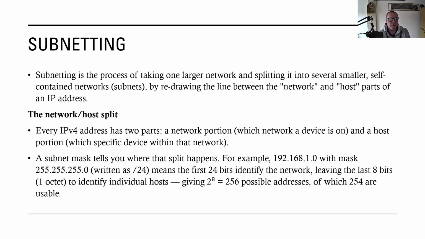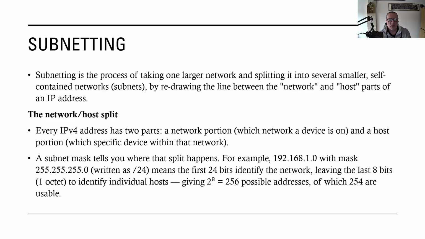And we can play around with that demarcation between the two to create our subnets. So a subnet mask will tell you where that split happens, where that differentiation between the network and the host occurs in your address.